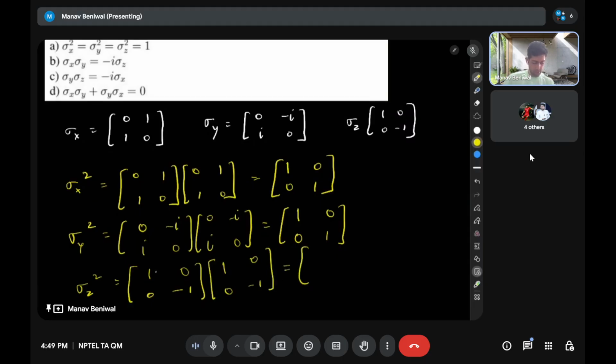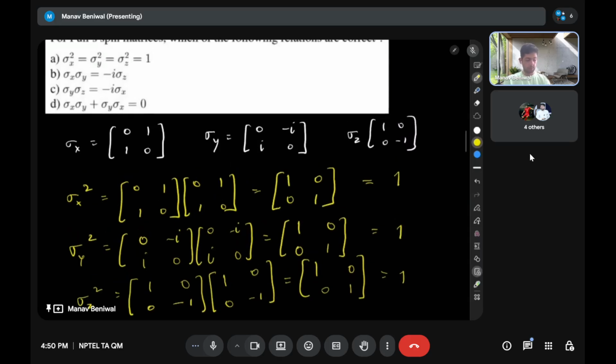So this is 1 times 1, and minus 1 times minus 1 is also 1. So all of them are equal to the identity matrix, which means that option A is correct.